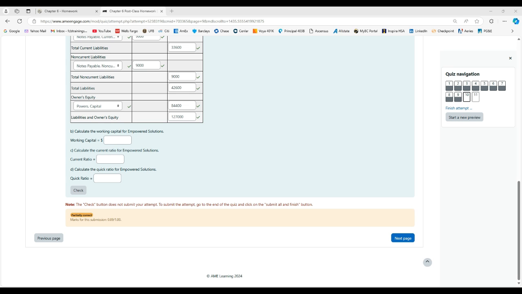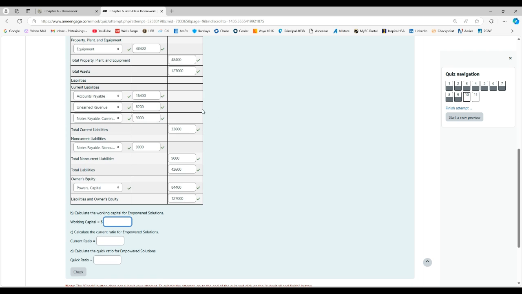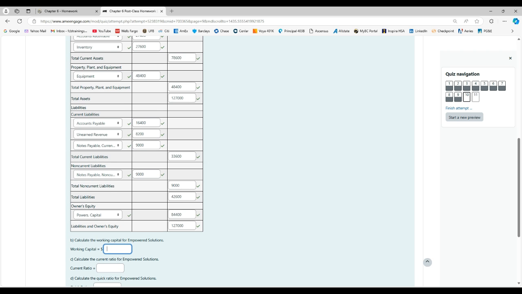I just want to see how the book exactly wants us to calculate this. Working capital: we take our current assets minus our current liabilities.